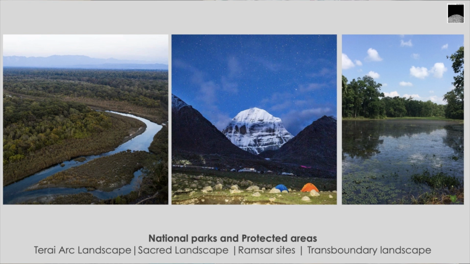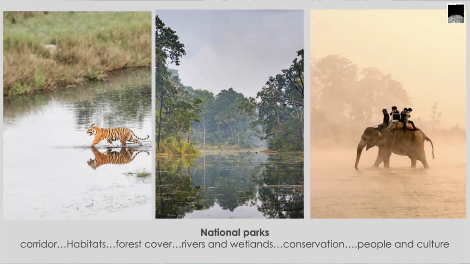Kanchenjunga landscape is a transboundary landscape that includes habitats at altitudes ranging from lowland Tarai in Jhapa district to the high mountains of Kanchenjunga. Under these landscapes, altogether there are 12 national parks. The green corridors, forest covers, and the rivers and wetlands in these national parks are the home for different habitats.